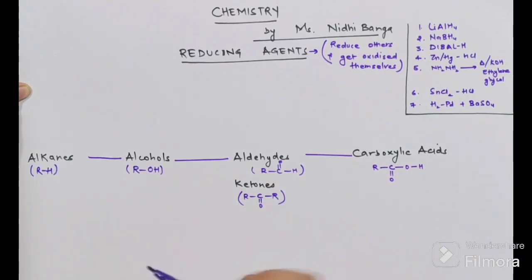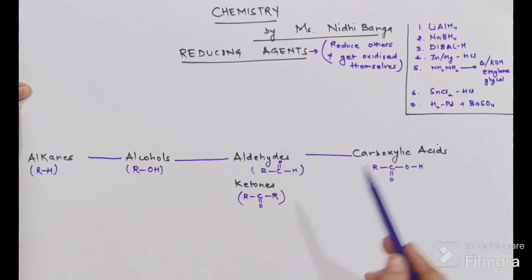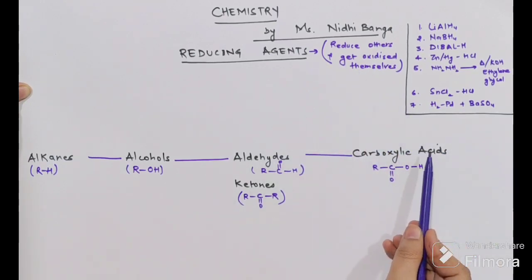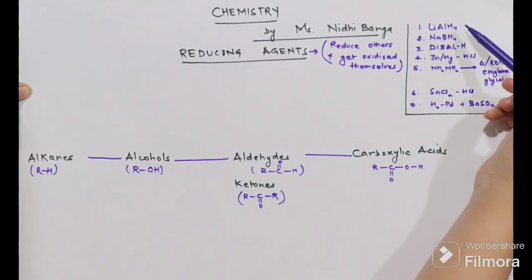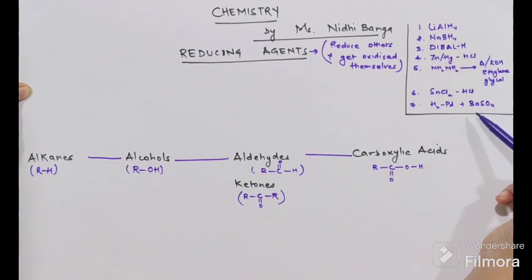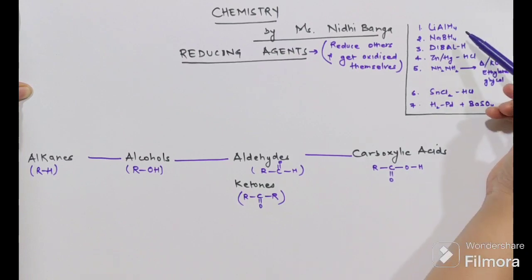Right? So since we are doing reducing agents, our agenda is to go from oxidized ones to reduced ones. These are the ones which we find very often in our organic conversions. So let's talk about them. As you may have noticed, the first three are special reagents and their names are also sort of similar.